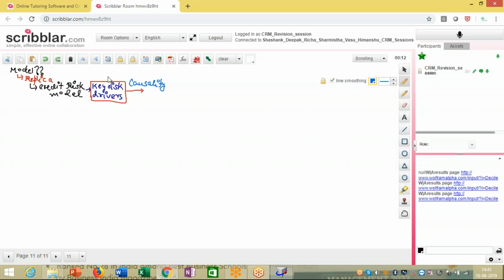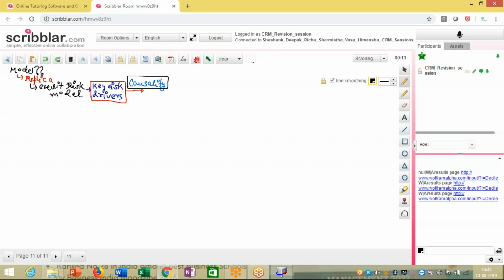So there is an element of causality into this. There is the dependent variable, and there are a set of independent variables, right?